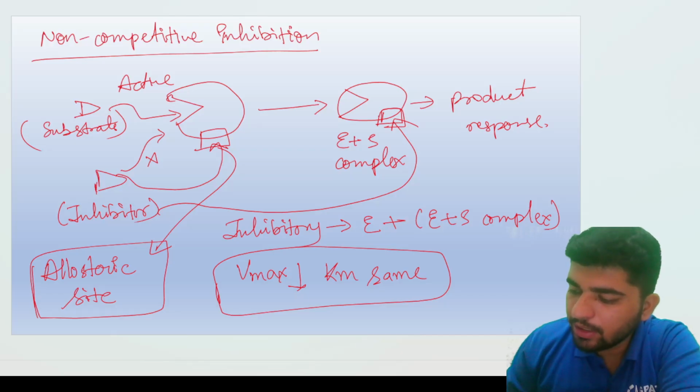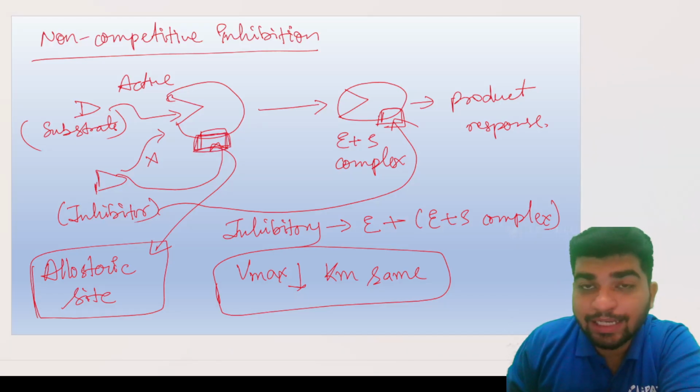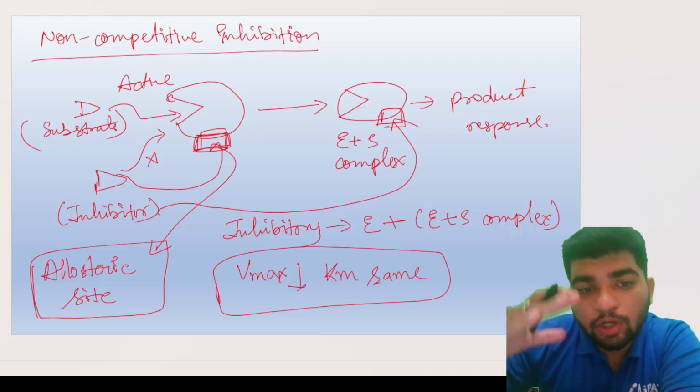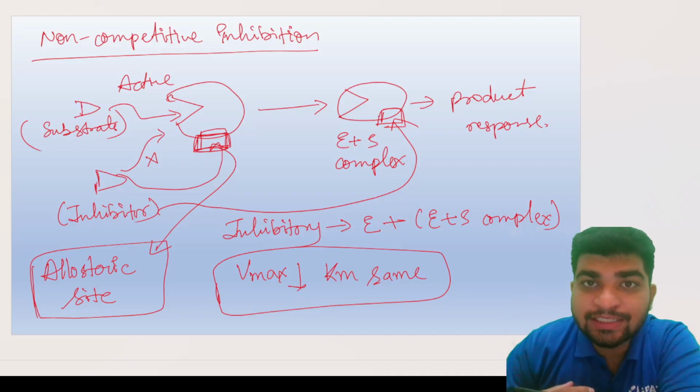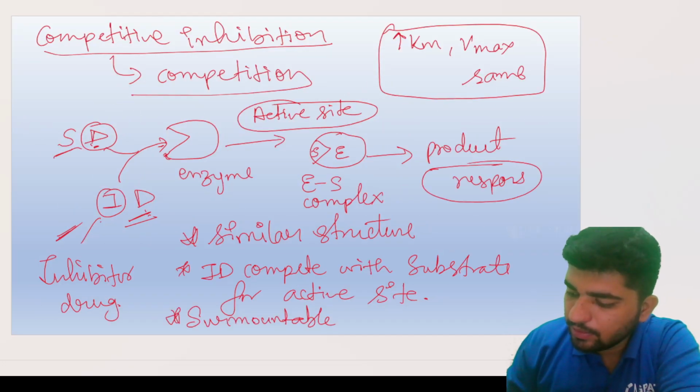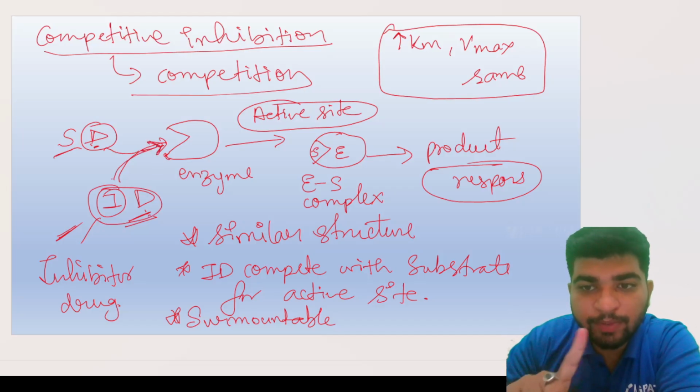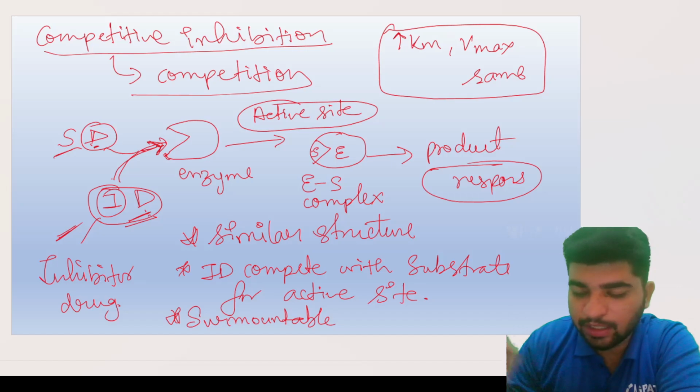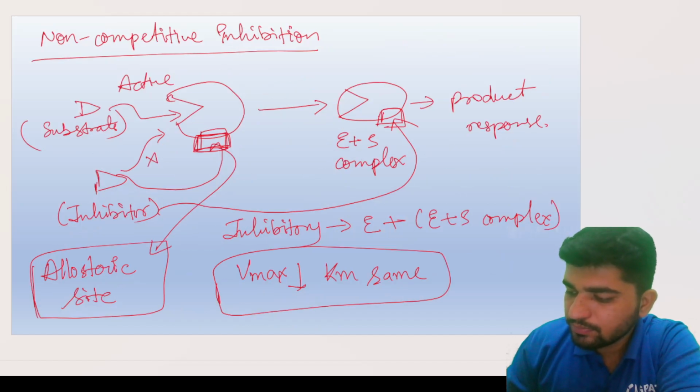Because the inhibitor is binding onto the allosteric site, and that's why it is lowering the enzymatic activity. In the previous one, the inhibitor was competing for the active site only. That's why Vmax was not affected.